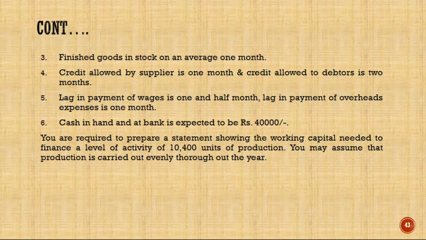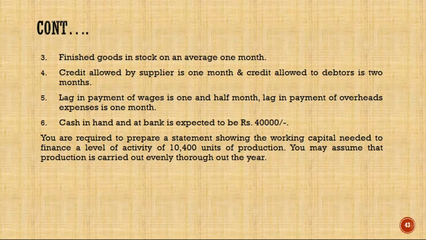This is nothing but outstanding wages and outstanding overhead. That means we have not yet paid, but we have to pay. And finally, they are saying that cash in hand and at bank is expected to be rupees 40,000. So we have to consider this amount even while computing working capital requirement.